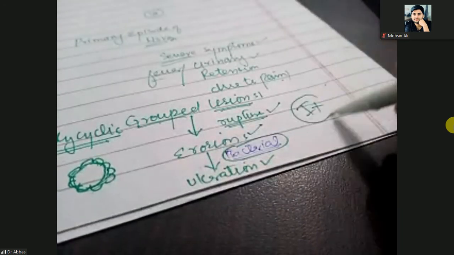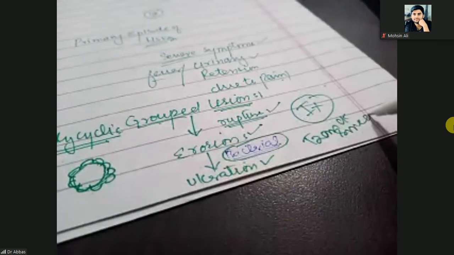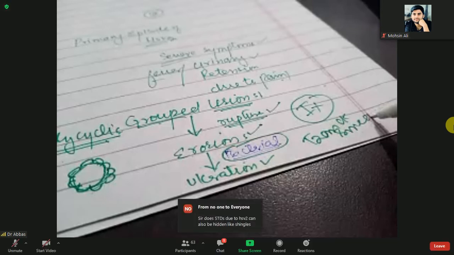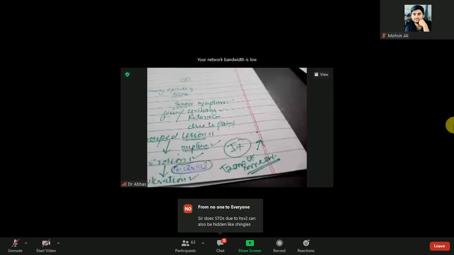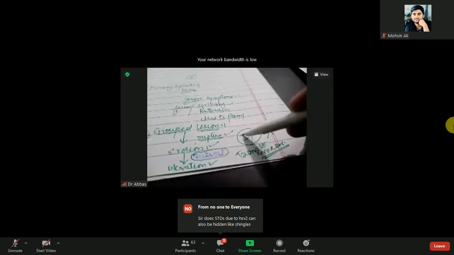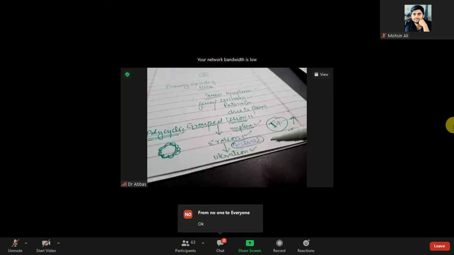Okay, and what is the investigation here? The investigation is the Tzanck smear. So on the Tzanck smear, what do you see? HSV can also hide, like shingles. Yes, it is an STD, a sexually transmitted disease. You know, when these lesions automatically vanish and wear off, the primary lesions vanish, then this herpes virus hides itself in the ganglia.